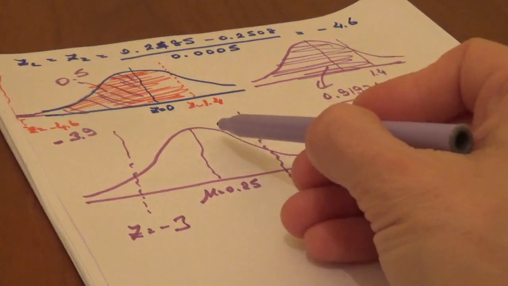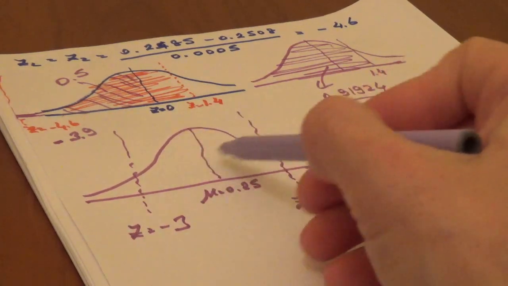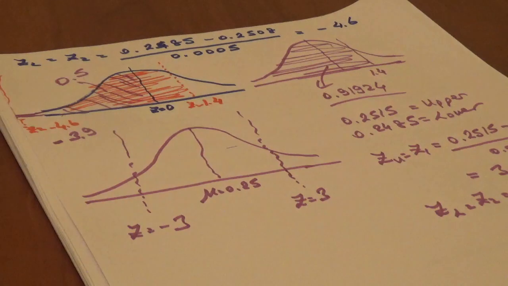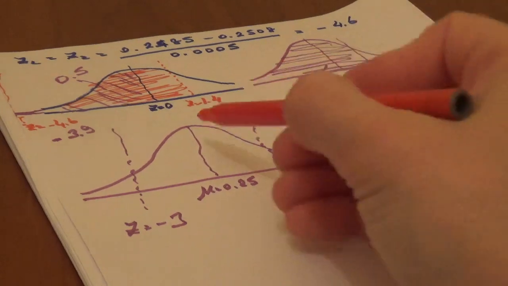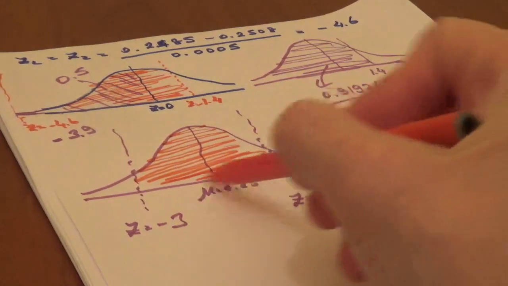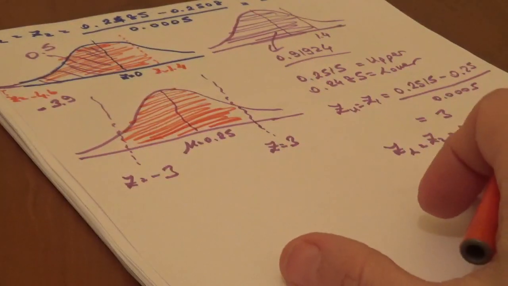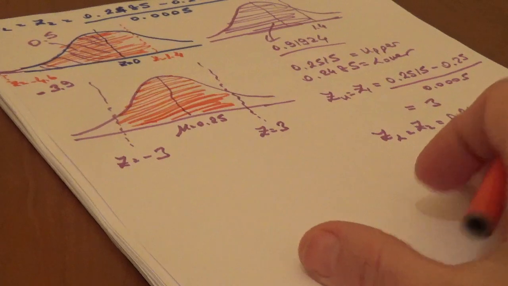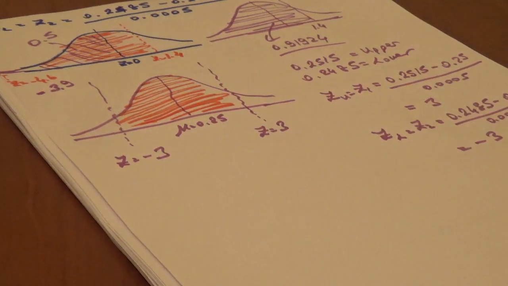We would like to know the area under these two specification limits, this part. How do we find it? There are many ways. You can choose any of them.